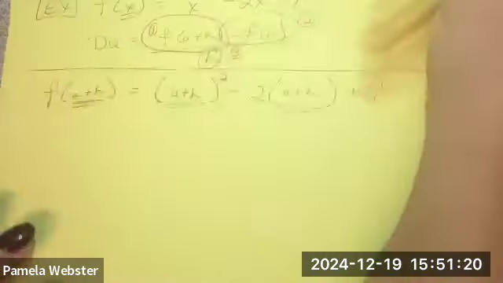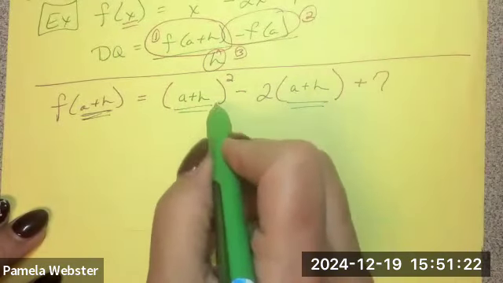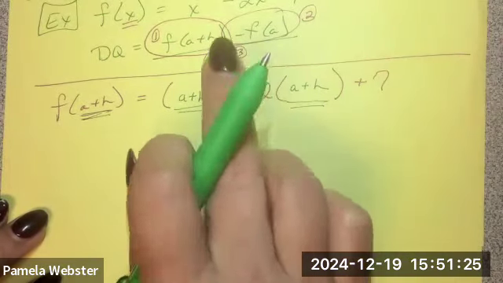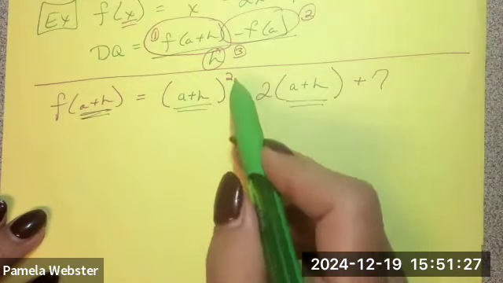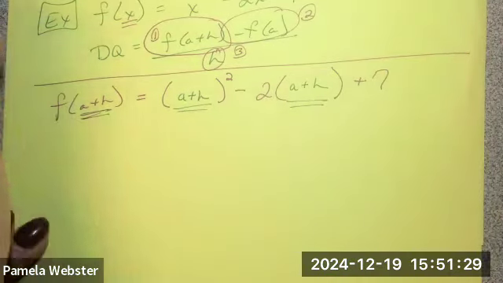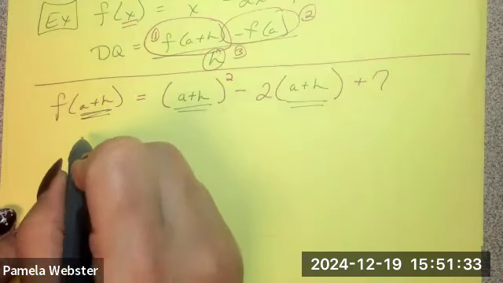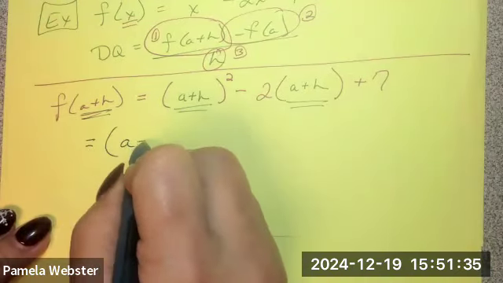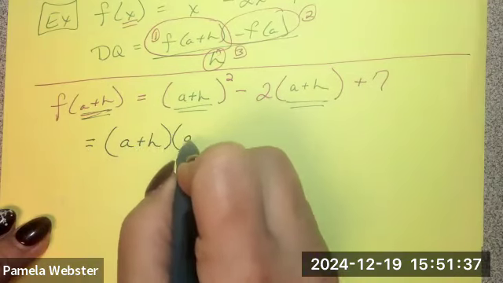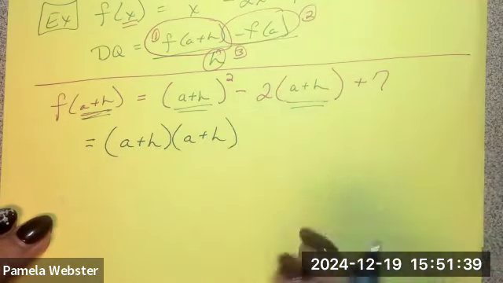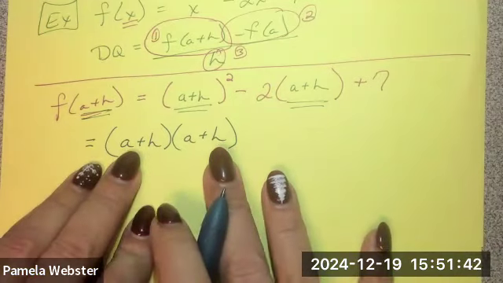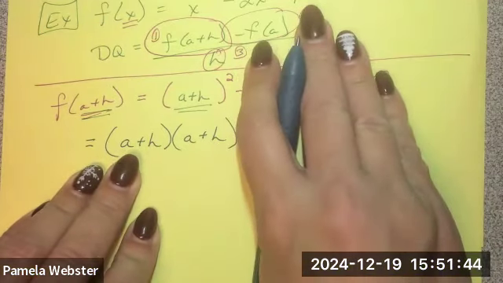Okay, so let's deal with this. A plus h squared. Remind me what something means whenever I square it. What does that squaring mean? If it was 2 squared, you go 2 times 2, right? Okay, so here it's a plus h squared, so I'm going to go a plus h times a plus h. So something squared, ignore the rest of that stuff.